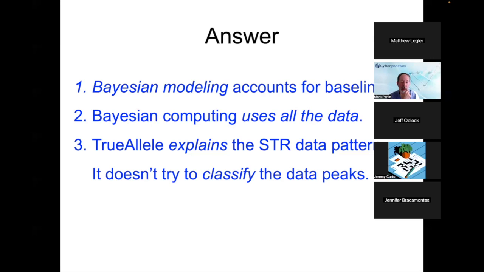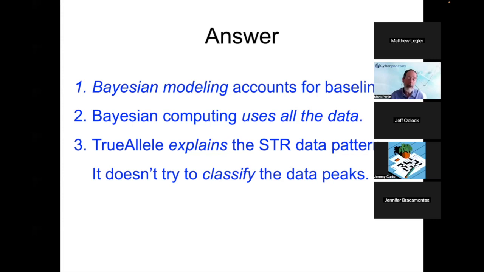Obviously TrueAllele's modeling a lot of other things: stutter, relative amplification, the variance parameters on everything it can see, the PCR variation. But in particular, it's modeling baseline and is distinguishing between what is background noise versus actual allele signal.